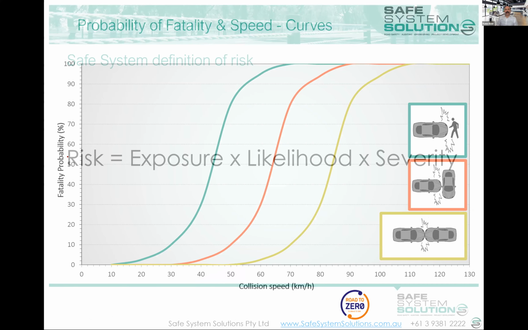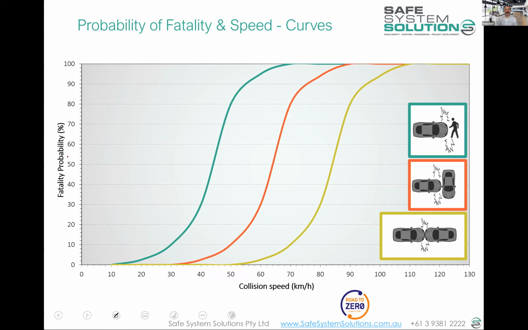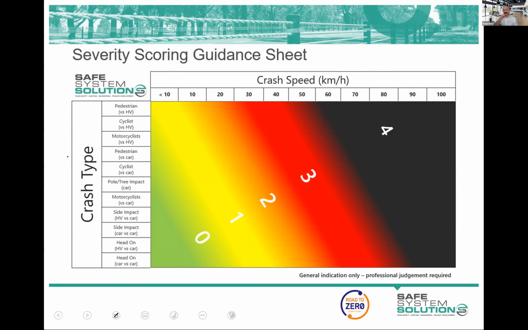And that severity one is very much associated with those biomechanical tolerable energy levels. So we've got the curves, but we've got this one, which is what I expect you'll be referring to a little bit in terms of different crash types, different speeds.